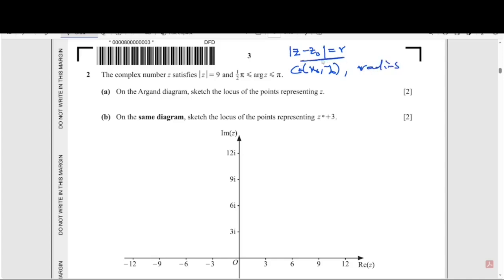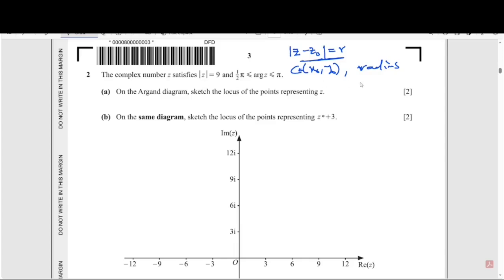So this equation represents, on the Argand diagram, the circumference of a circle centered at z naught with a radius of r.